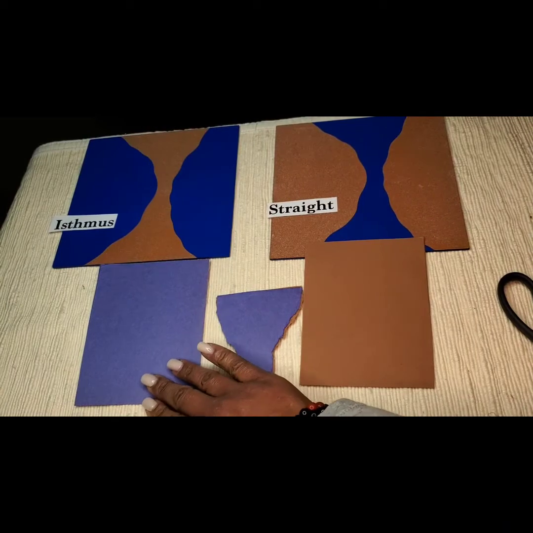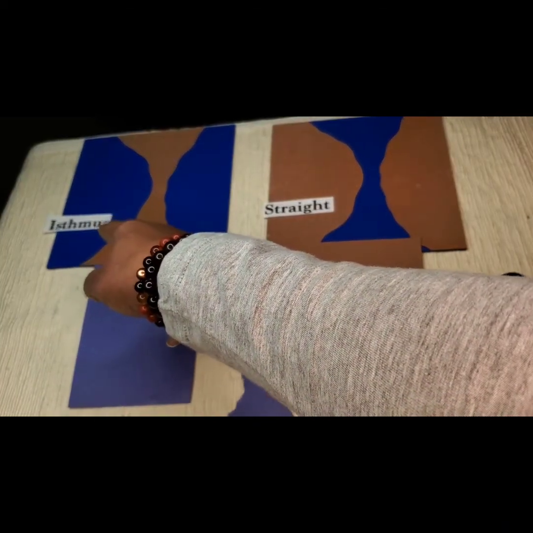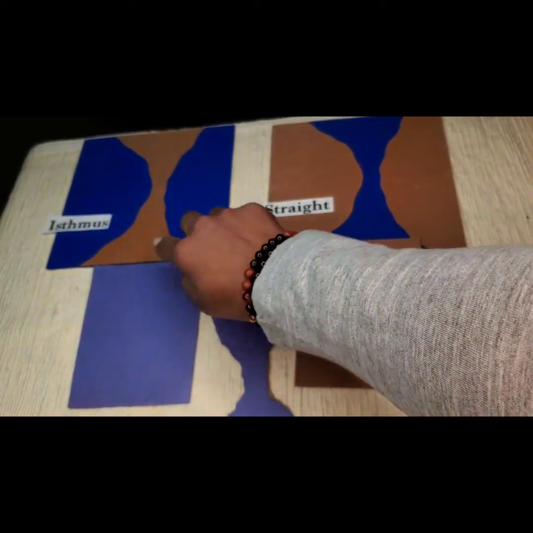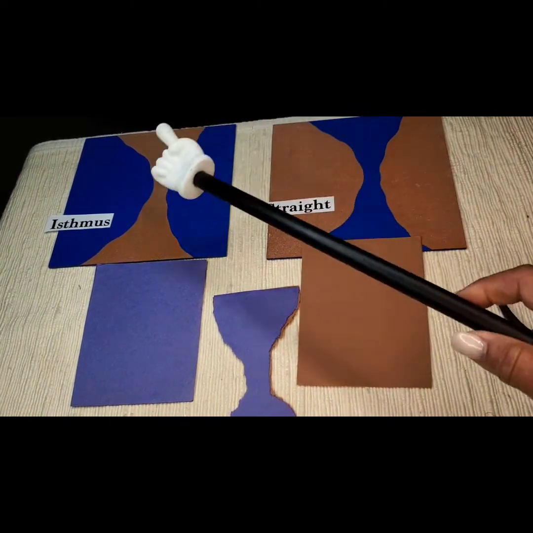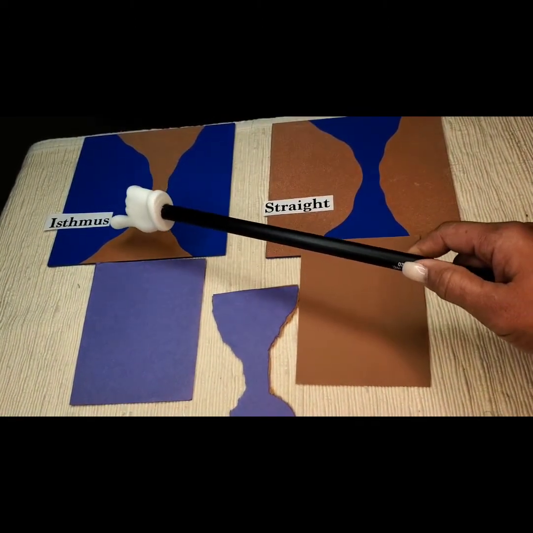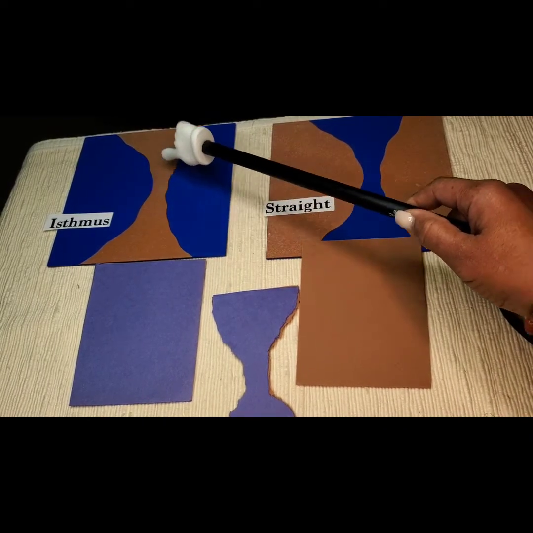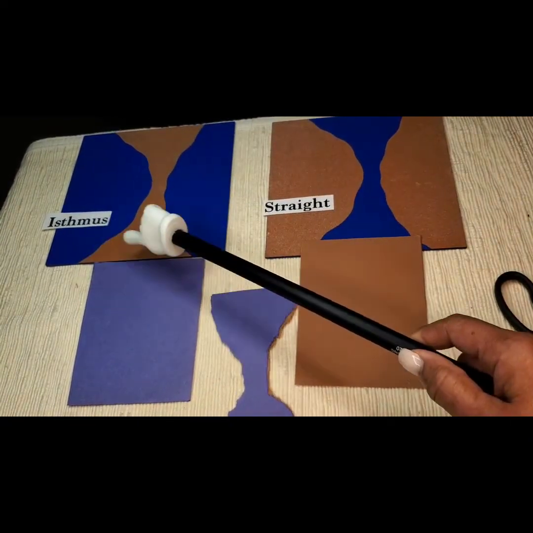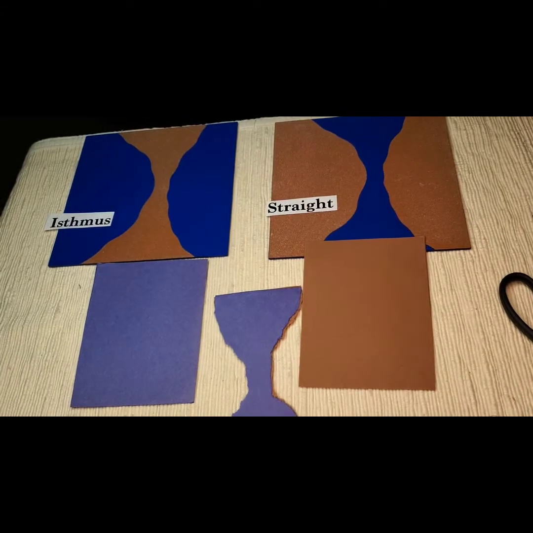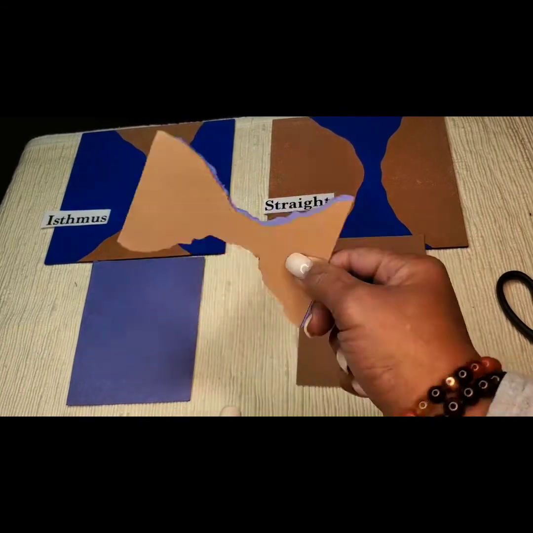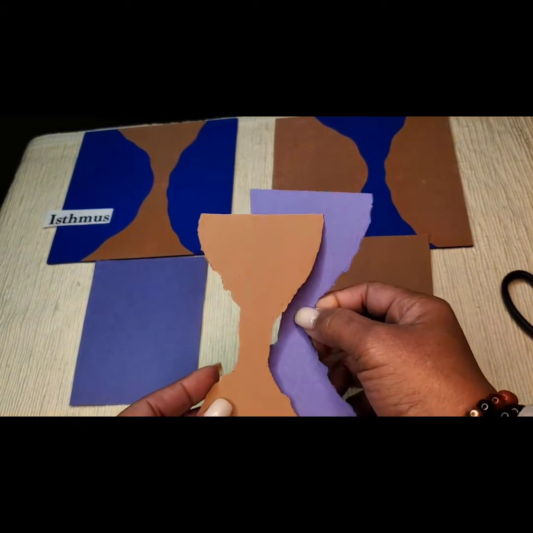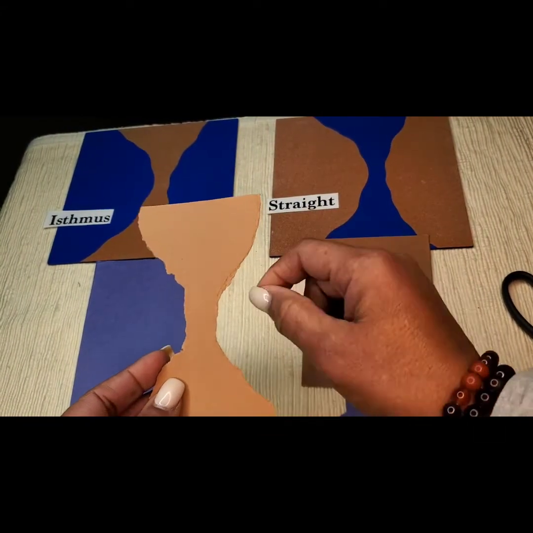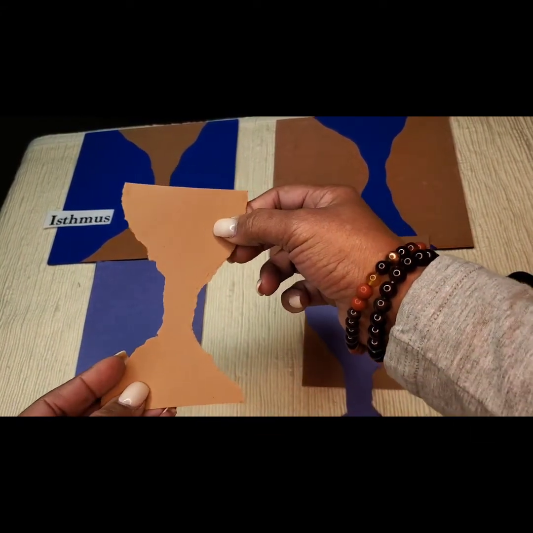Okay, so let's start with the isthmus. Remember, the isthmus is a narrow piece of land connecting two larger pieces of land. So that means that we need the brown, because the brown or green, whichever one you have, represents the land.